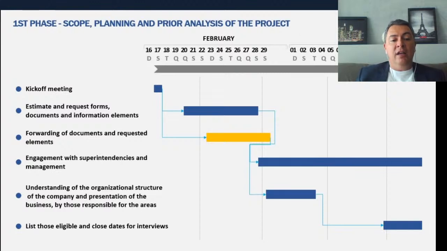Okay? After getting the C-level involved in this project, we need to understand the organizational structure of the company. We don't know the company yet, so we need to have an overview of what the organization structure of the company looks like. Some companies have different businesses, so we need to understand each one of them.